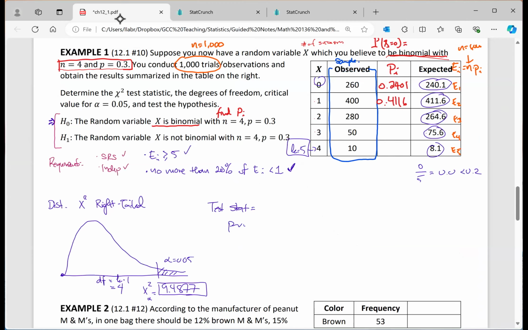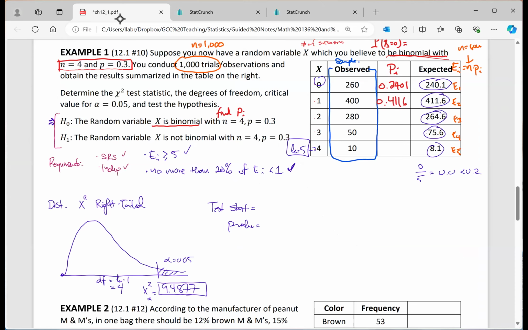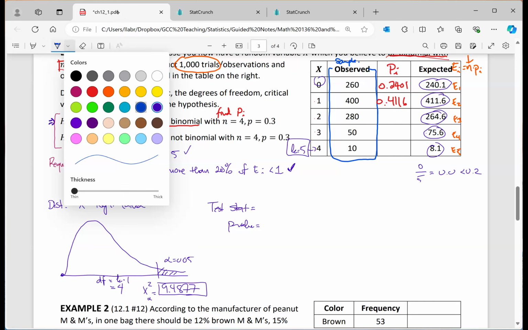and the p-value. The way to do this is you type your expected and observed into StatCrunch, and then you just do a chi-squared test. So let me write that down.